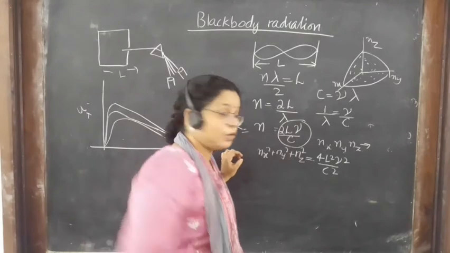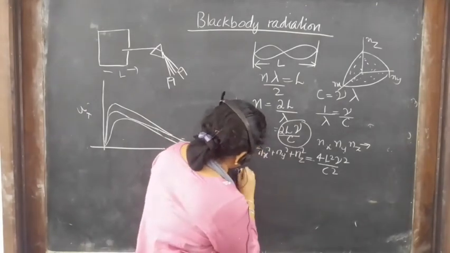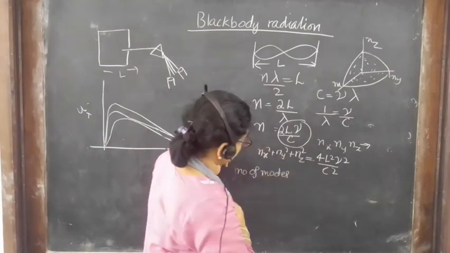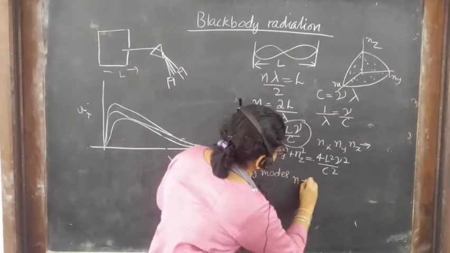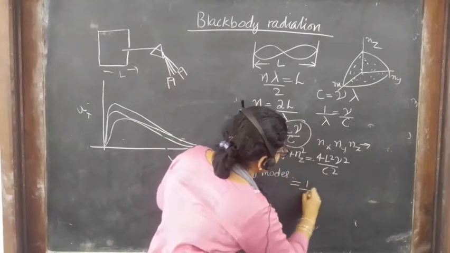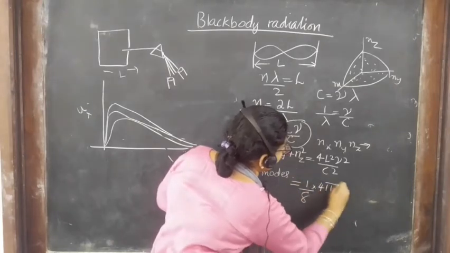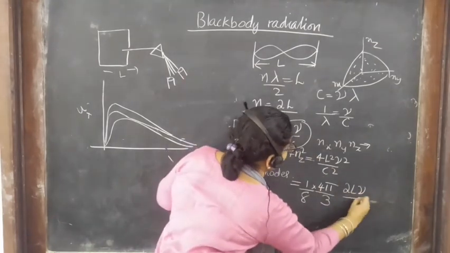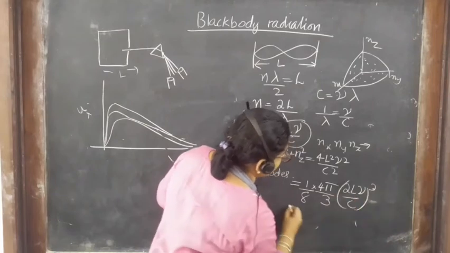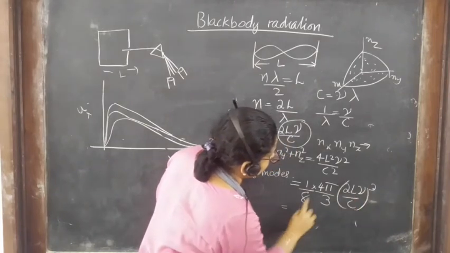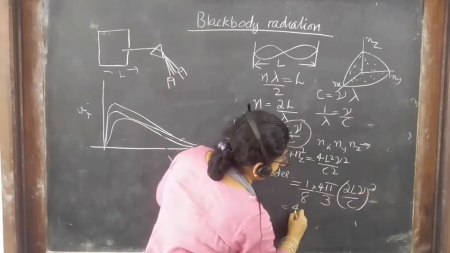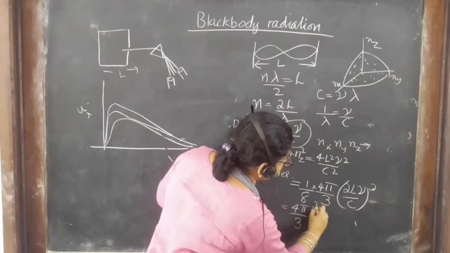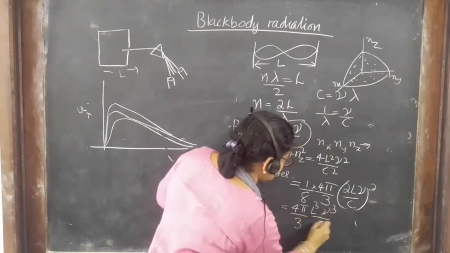So the total number of modes in the positive quadrant will be 1 by 8 into 4 pi by 3 r cube, with r being 2n mu by c, cubed. So this 8 and this 8 get cancelled, giving 4 pi by 3 l cube mu cube by c cube.